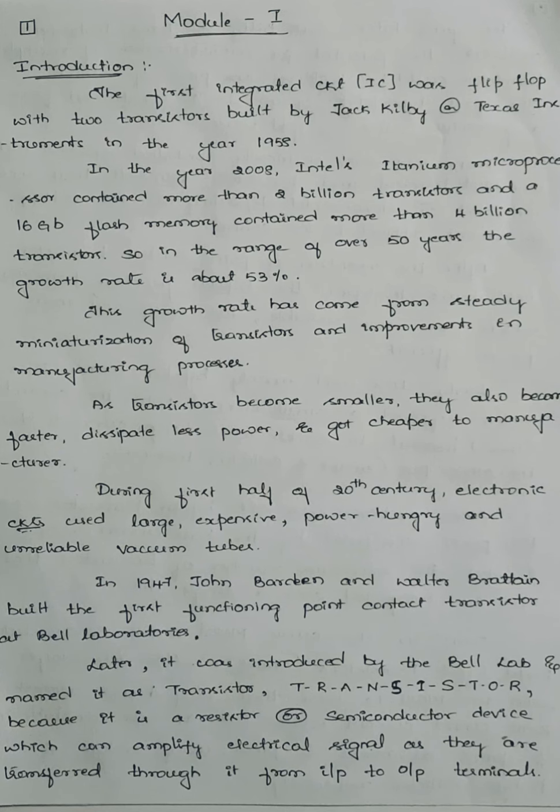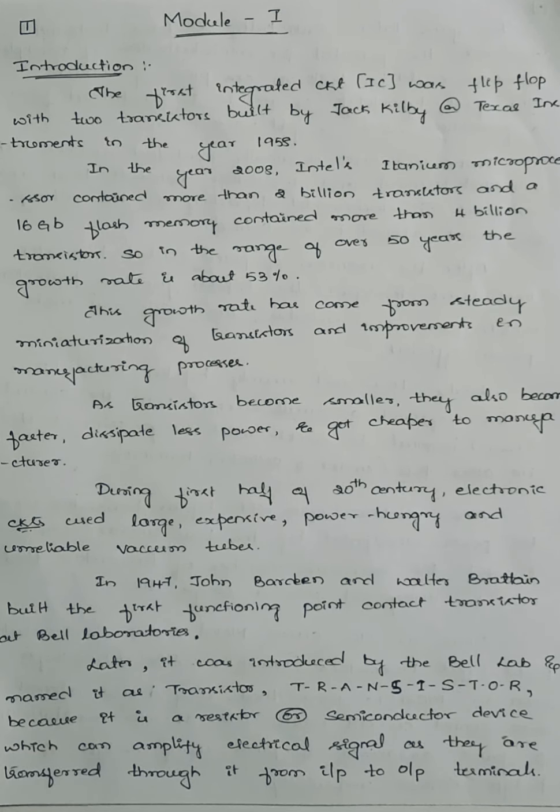It was introduced by Bell Labs and named a transistor because it is a semiconductor device which can amplify electrical signals as they are transferred through it from the input to the output terminals.